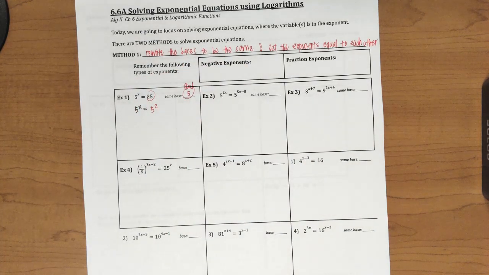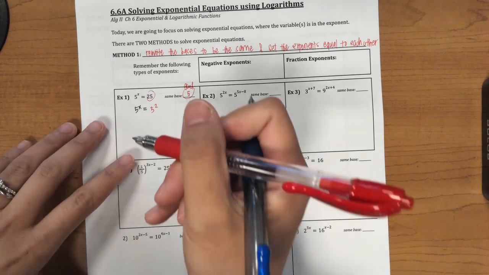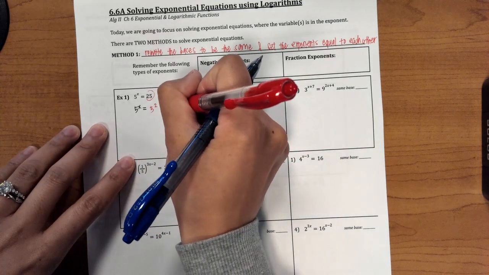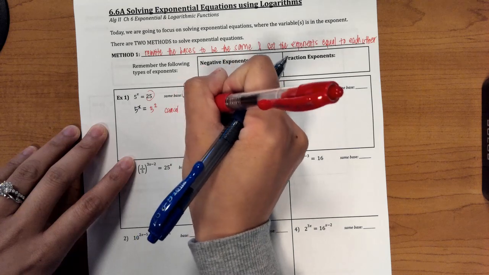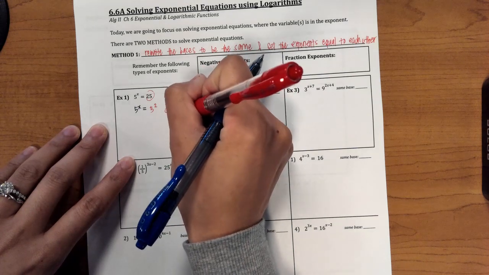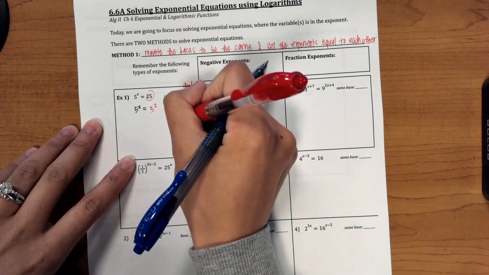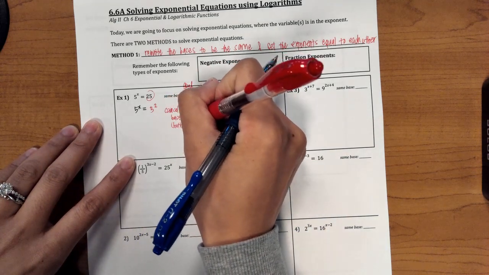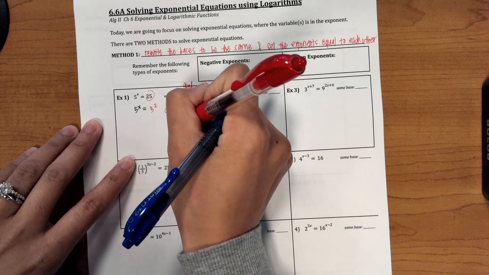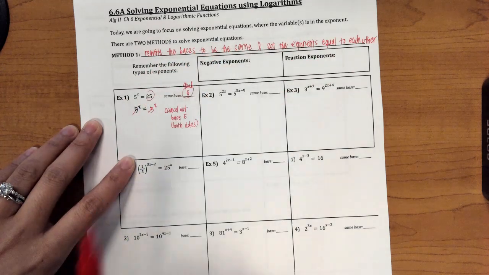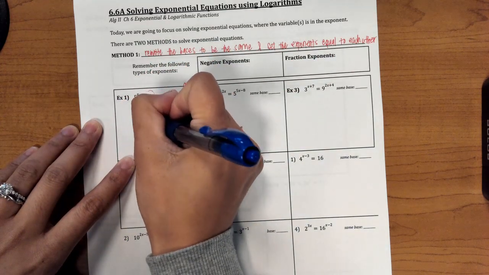At this point, if I know the bases are the same in an equation where the two sides are the same, then the exponents must also be the same. So I can cancel out the base of 5 on both sides, and we know then that x must equal 2.